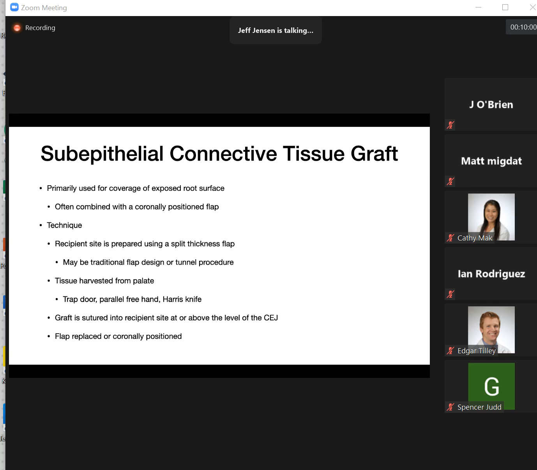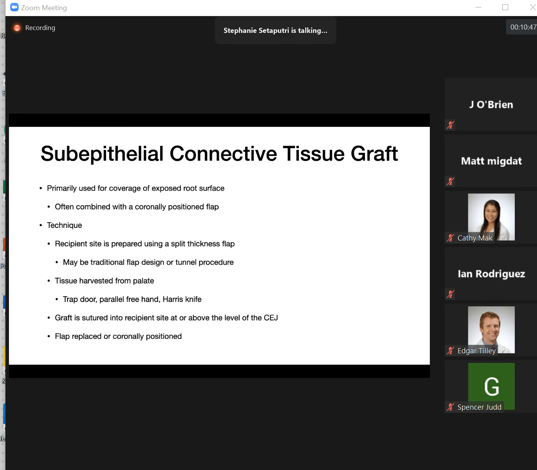How long can the tissue stay outside the body before it becomes necrotic? As little time as possible, I guess. But typically, I'd say 15 to 20 minutes, maybe a half hour.